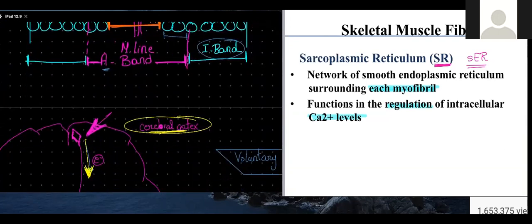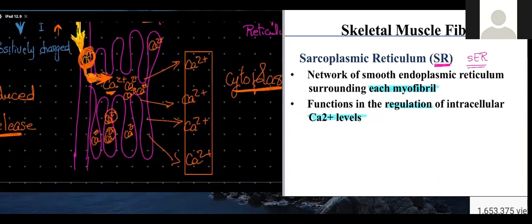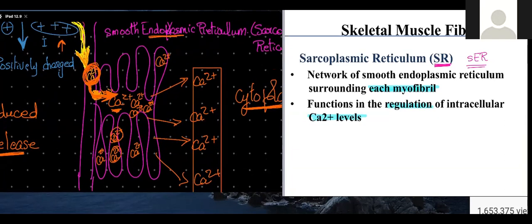So remember, what allows the muscle to contract is the release of the calcium from the sarcoplasmic reticulum. So where do you get this calcium from? Again, it's from the inside of those flattened tubules.